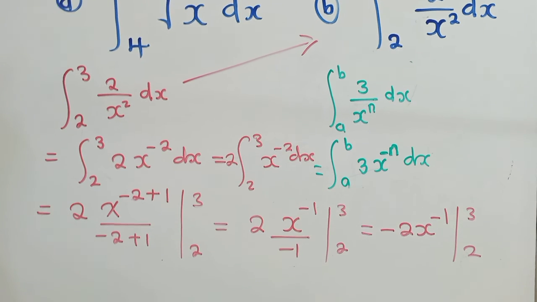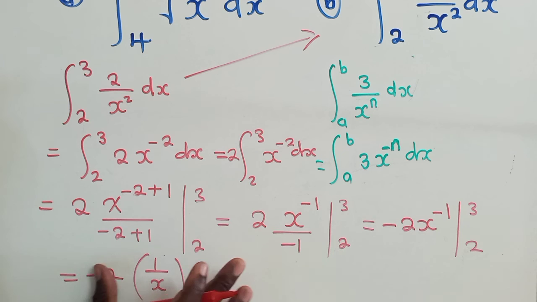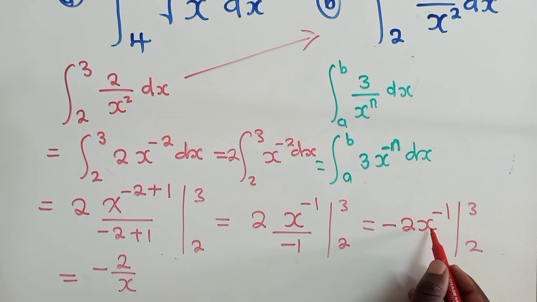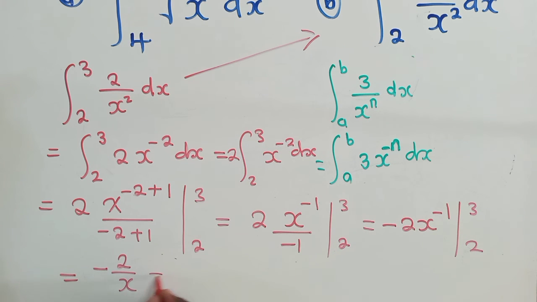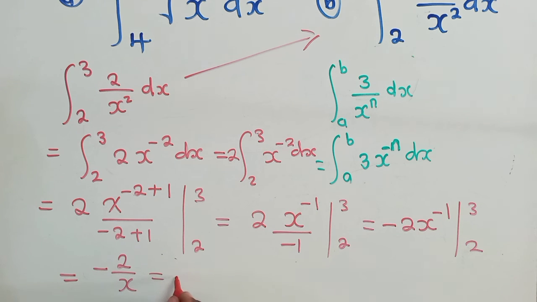So the next thing will be negative 2, and there we can put the brackets, times 1 over x. Or we just say we have a negative 2 over x. Remember the laws of indices. We have a negative here, so this can go down, and this is what has happened.